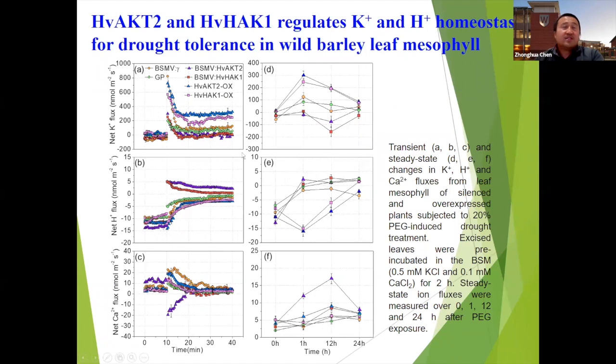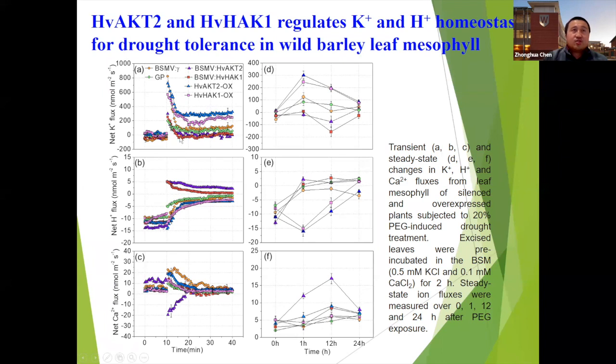Here is some evidence showing the net flux changes of those transgenic lines. Potassium flux is higher in the two overexpressing lines, but it appears that overexpressing HvAKT2 has a slightly better recovery of the uptake in response to PEG treatment.